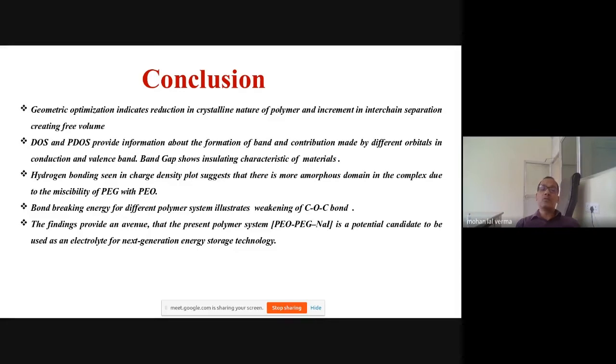Sometimes we observe a 2 to 3 orders of magnitude enhancement. So we will also see the effect of those inert particles on the structural part of these particular polymers.